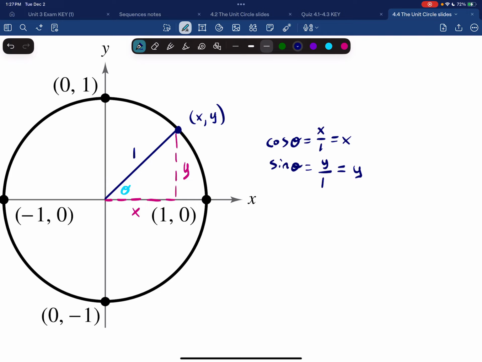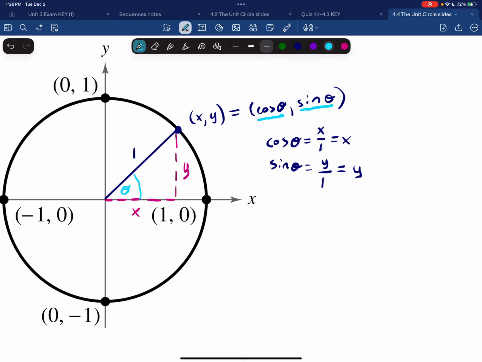So what we've kind of stumbled upon here is that that point x, y is some point on the unit circle. Well, what we've just shown is that since cosine is equal to x and sine is equal to y, then for any angle that intersects the unit circle, if I know the point that it's intersecting at, then the x-coordinate at that point is going to be cosine of the angle made between the radius and the positive x-axis, so this angle, and the y-coordinate is going to be sine of that angle, okay?